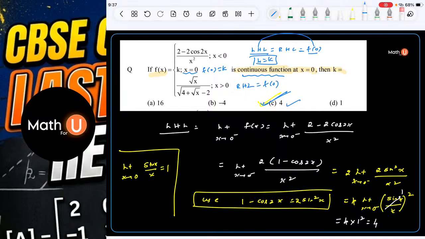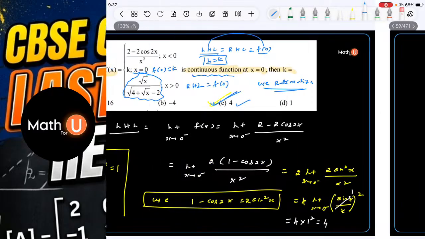And remember, whenever square roots are involved in the function, always use the rationalization method. Always rationalize. I will explain this one also. If the same question is asked for 2 or 3 marks, how do you find the RHL?